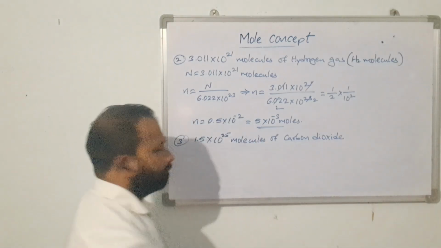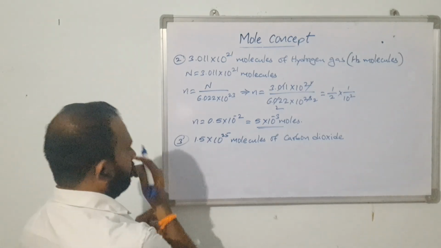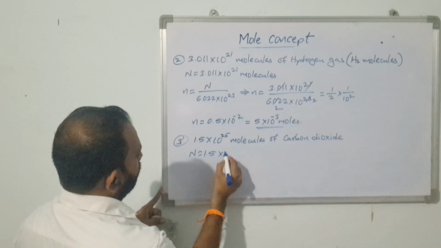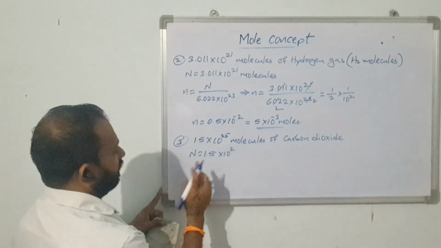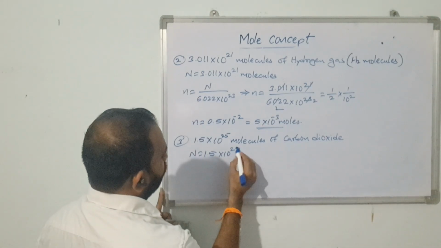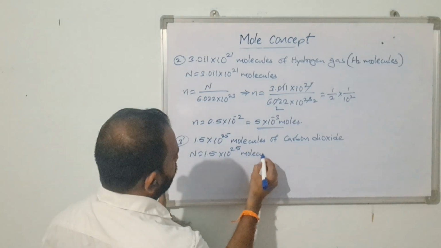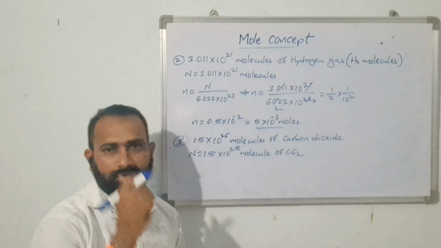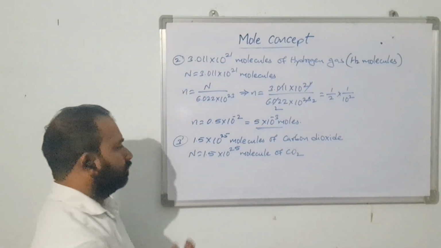So this is the question, students. Understood? So here N value is 1.5 into 10 power 25 molecules. Which molecules? Carbon dioxide, that is nothing but CO2. Carbon dioxide molecular formula is CO2.